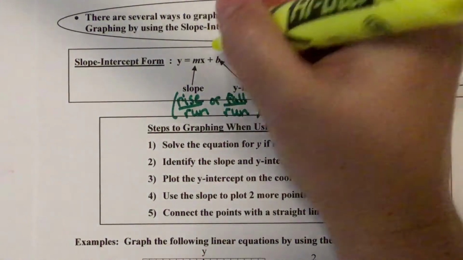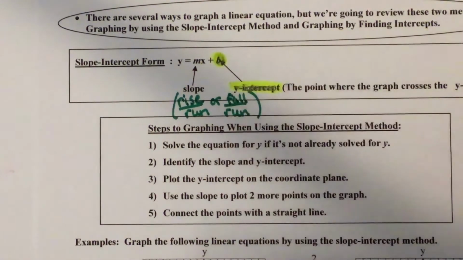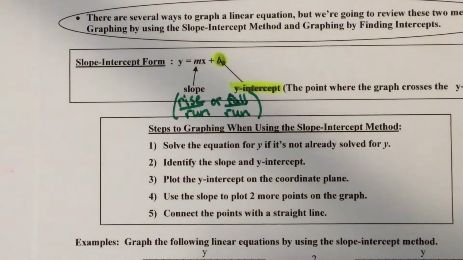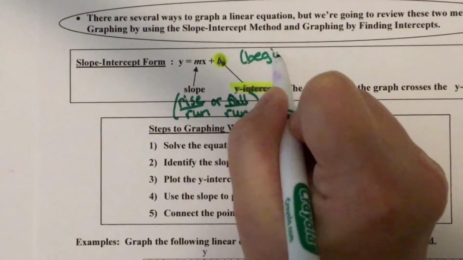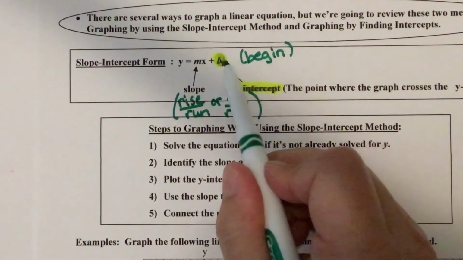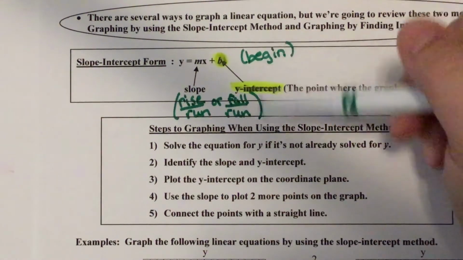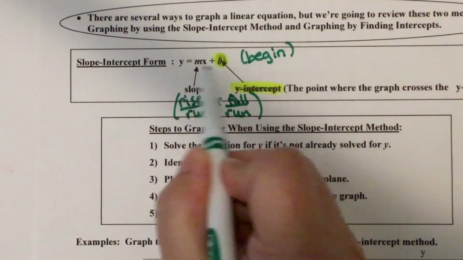And then B is your y-intercept, and that's where the graph touches the y-axis. And think of B as begin. We are going to begin by plotting the B, the y-intercept.